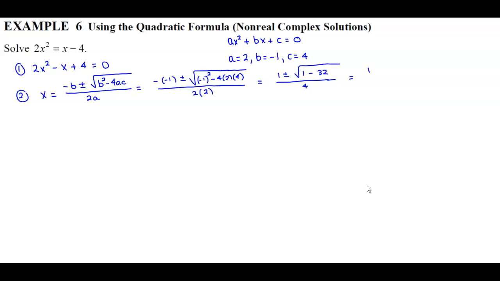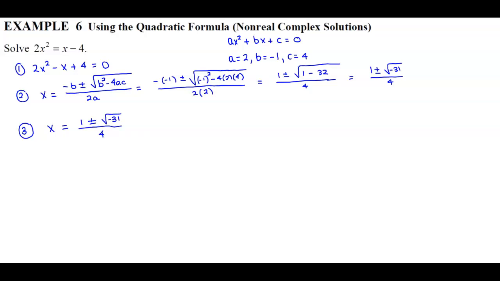So we have 1 plus or minus the square root of, well, 1 minus 32 is negative 31, divided by 4. So let's go ahead and continue that over here. So we have x equal to 1 plus or minus the square root of negative 31 divided by 4.